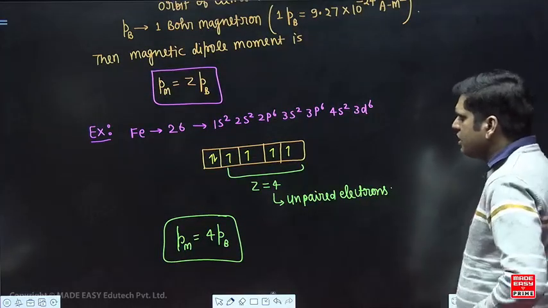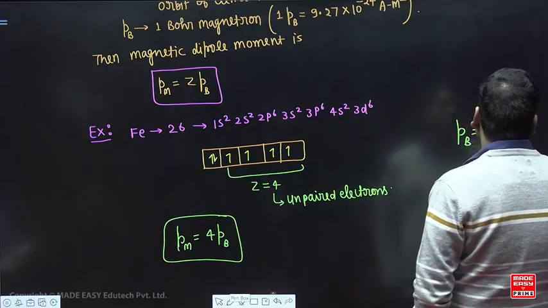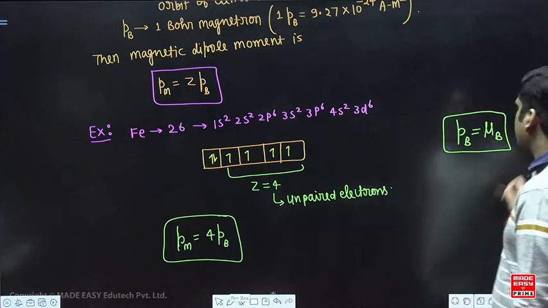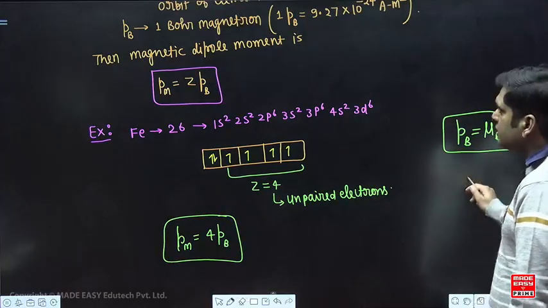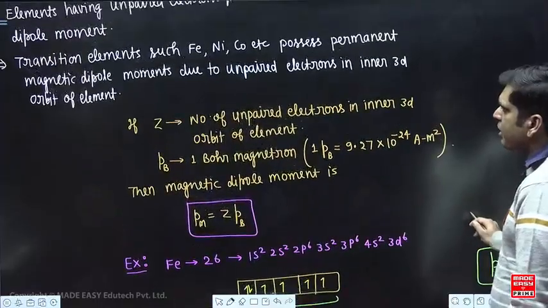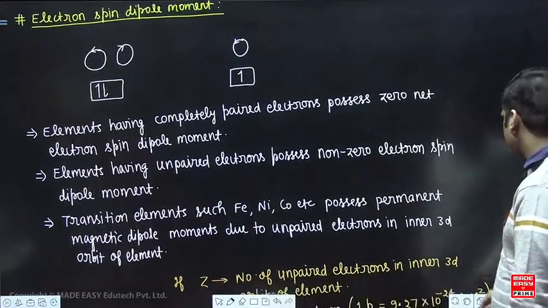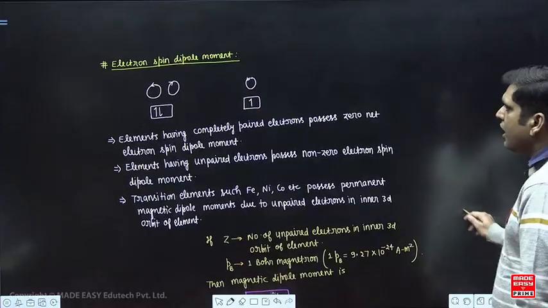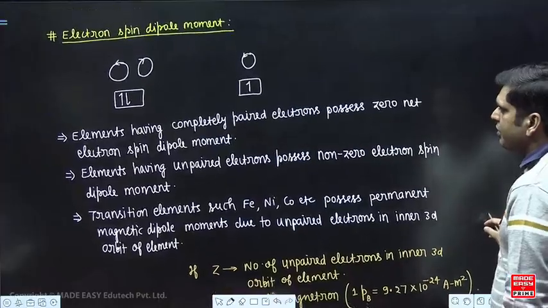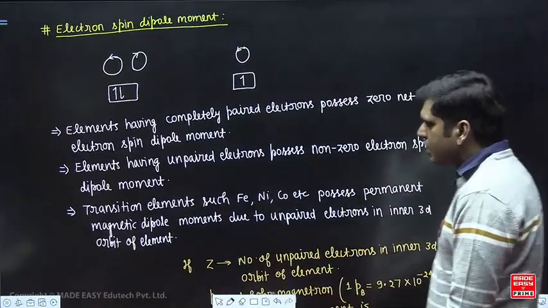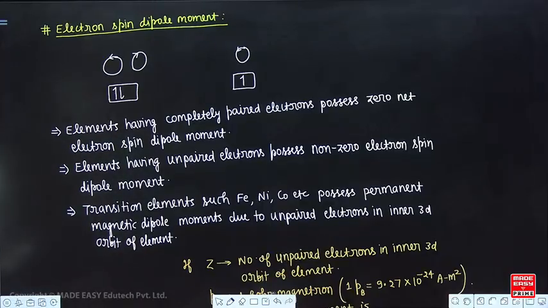Pb is Bohr magneton. Some books represent Pb by mu b also, both are the same, mu b or Pb, they represent 1 Bohr magneton. From here onwards, if I say that the material has permanent magnetic dipole moment, it means by default it has electron spin dipole moment. And if I say that the material does not have permanent magnetic dipole moment, it means there are paired electrons and the material does not have any permanent dipole moment.